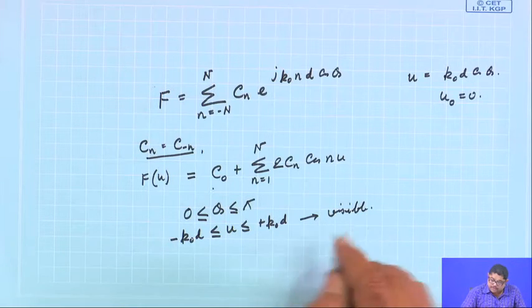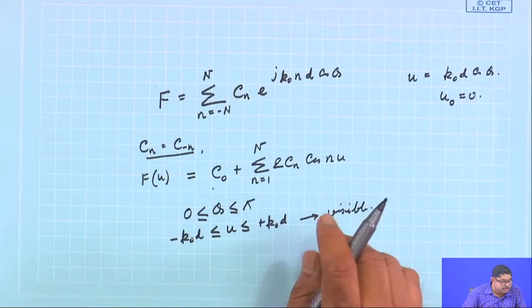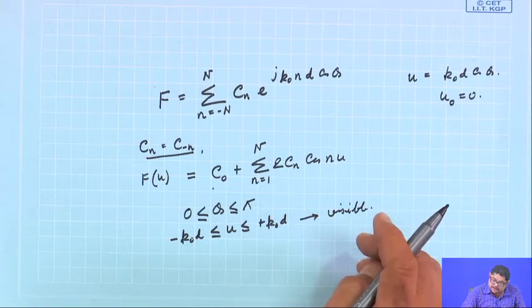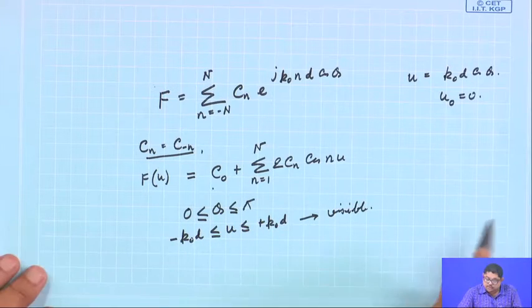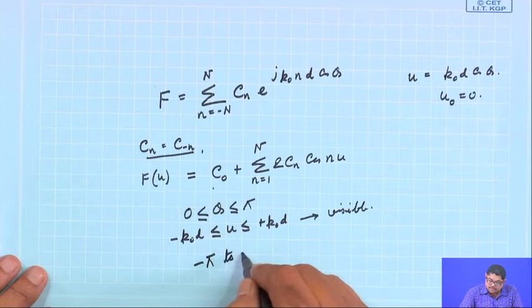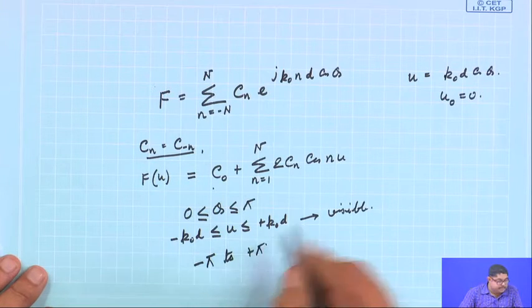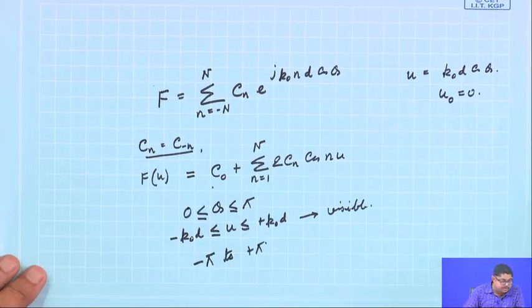However, the pattern should be specified for a complete period in the U plane, that means from minus pi to plus pi. So, if the pattern is specified, we can find it approximately.